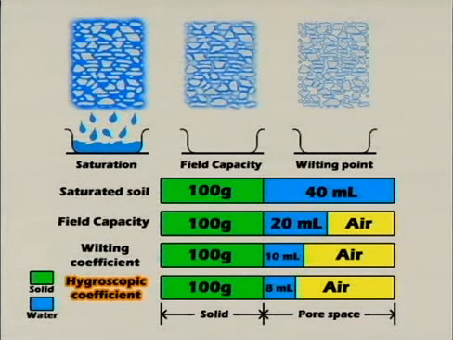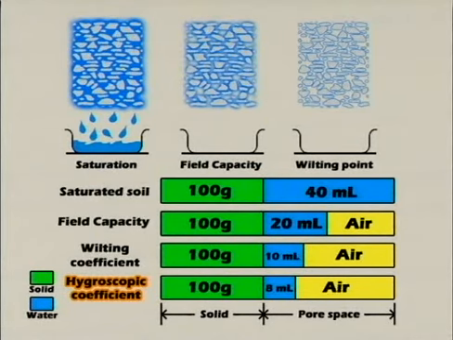So we start out with all water held against the pull of gravity as being field capacity. Plants utilize water down to the wilting coefficient fairly readily, and then water held even beneath the wilting coefficient is called hygroscopic water, and it's water that plant roots are not able to withdraw from those solid mineral particles and organic matter particles in the soil.